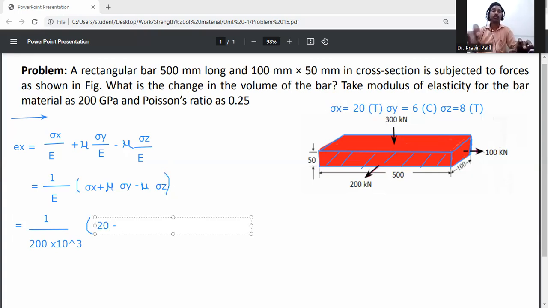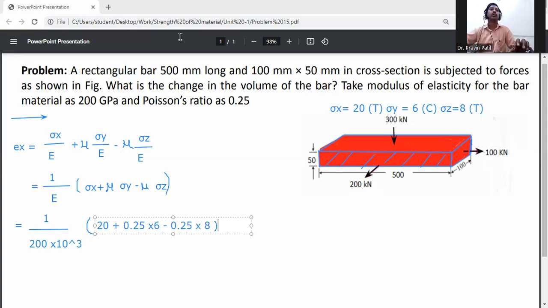Then plus 0.25 into sigma y, which is 6, then minus 0.25 into sigma z, which is 8, bracket close.